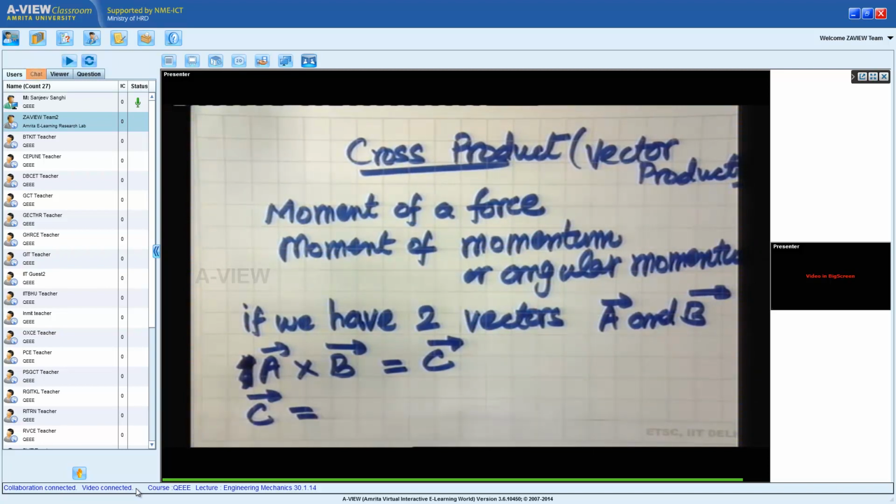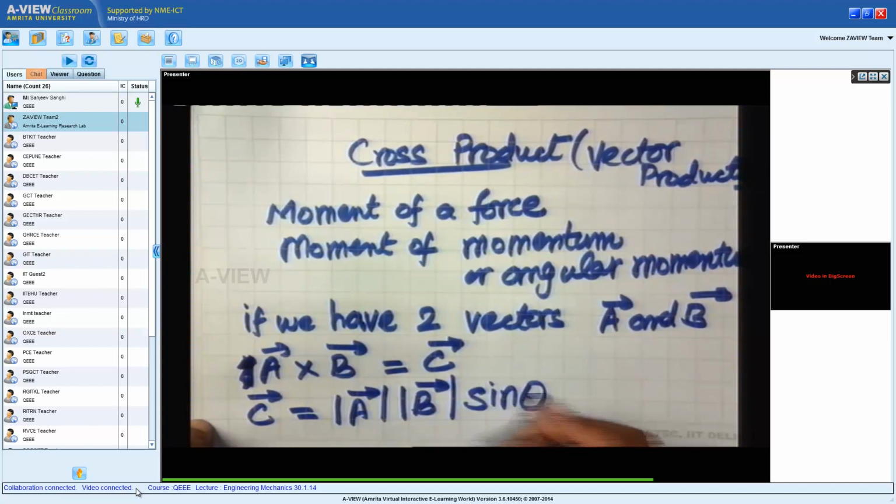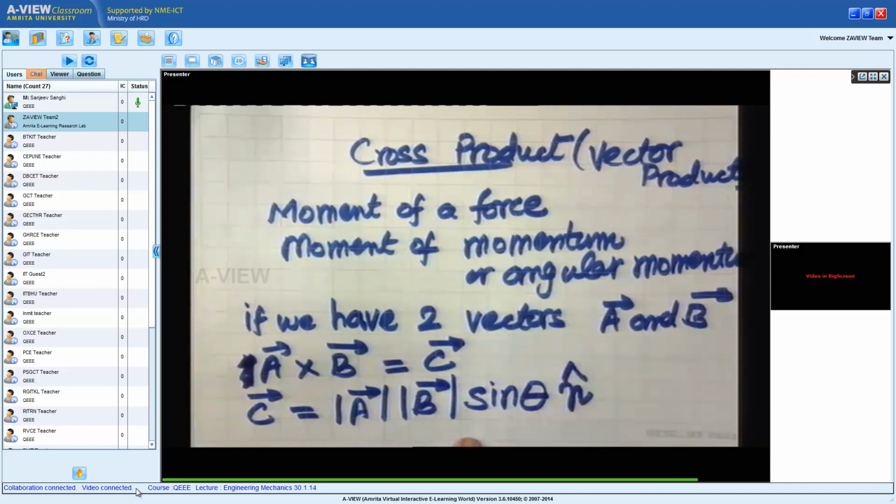So notice, as opposed to the dot product, the cross product is a vector, and this is given by magnitude of A times magnitude of B times sine theta. So these are all scalar quantities, and its direction is given by a unit vector n. Because I have put a hat, this means a unit vector n.